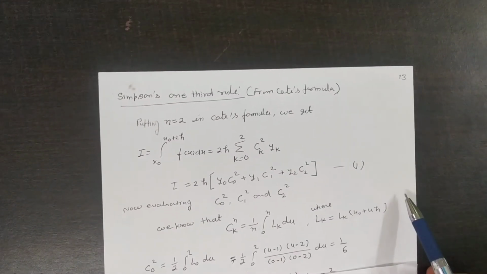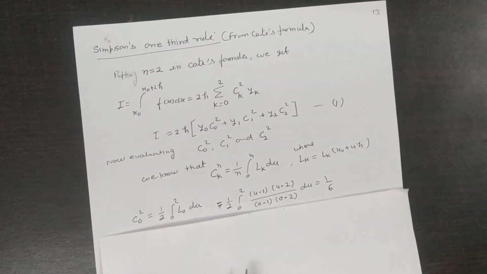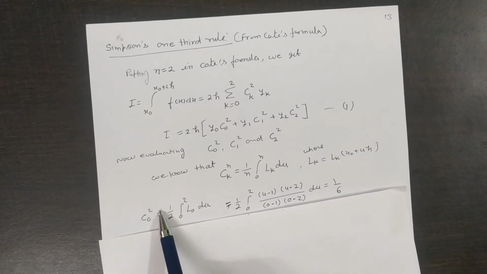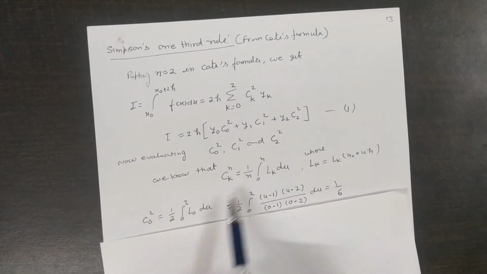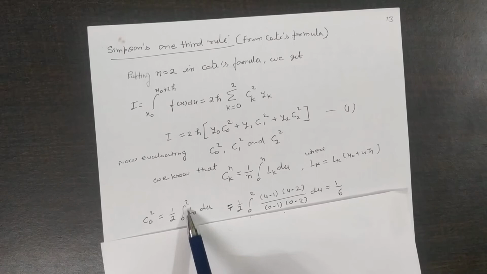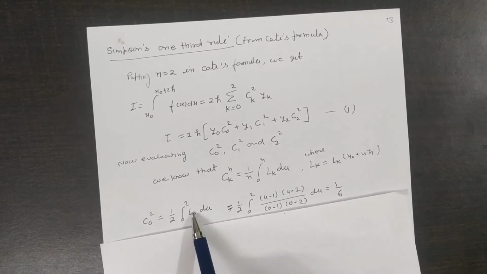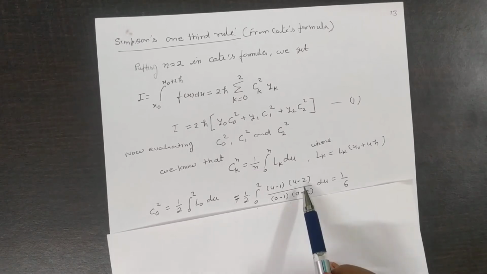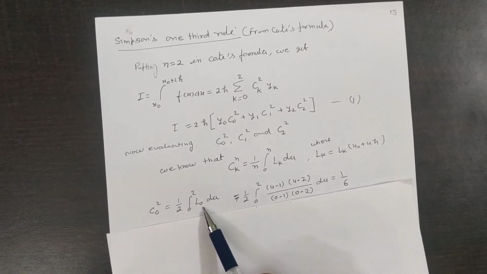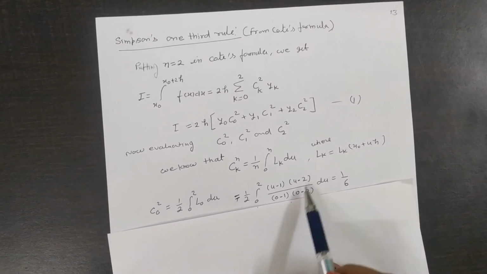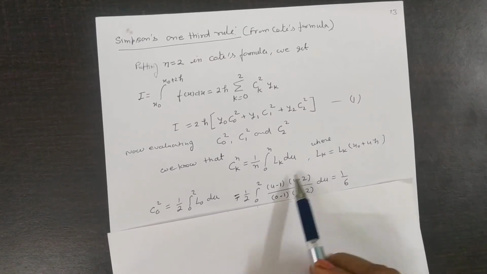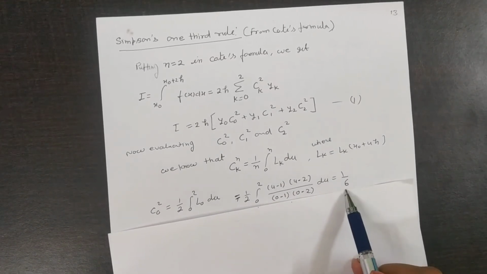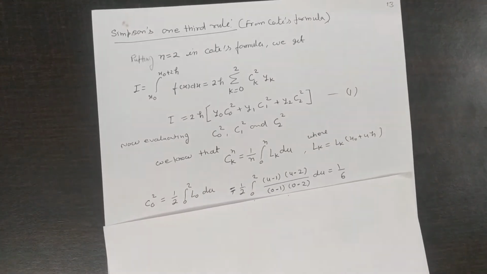Now for C_0^2, n is 2, so it is 1 over 2 times the integral from 0 to 2 of L_0 du. Here the points are 0, 1, 2, so we have (u minus 1)(u minus 2) over (0 minus 1)(0 minus 2). Evaluating this you get 1 by 6. Clear?